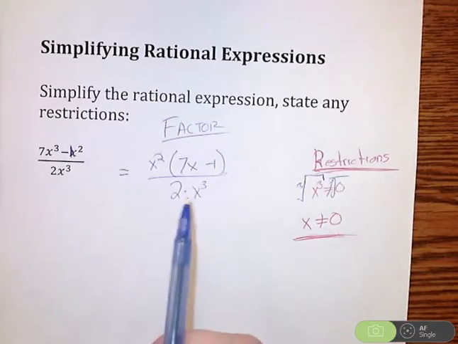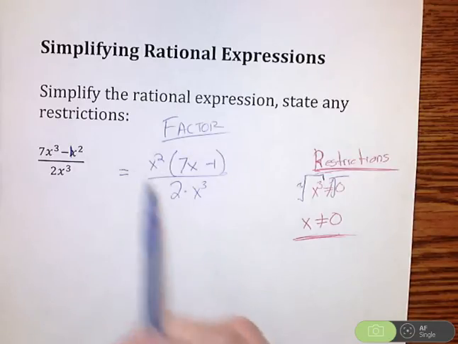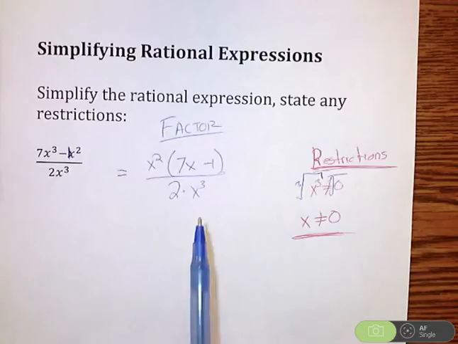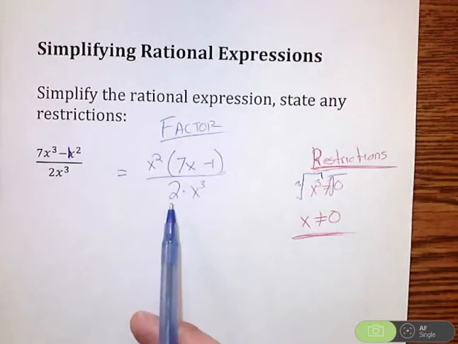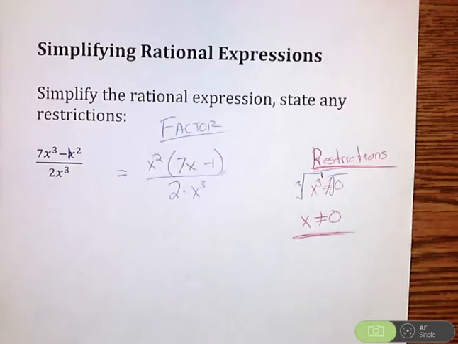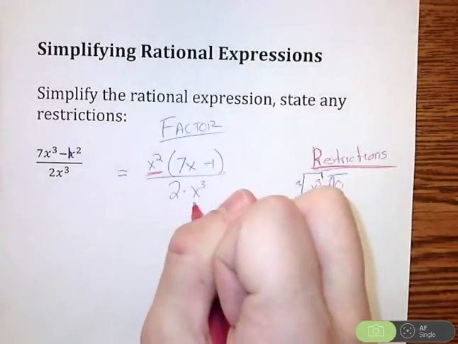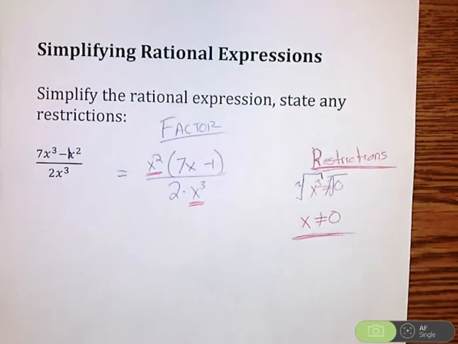After I've done my restrictions, I can get back to the problem and simplify. What we're looking for is common factors on top and bottom, or simplifying the way we did with exponents in an earlier chapter in Algebra 2. I have an x squared up top and an x cubed on bottom.